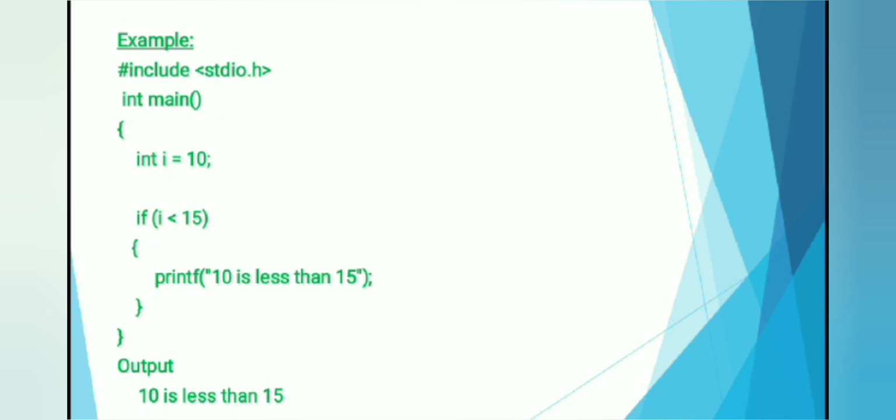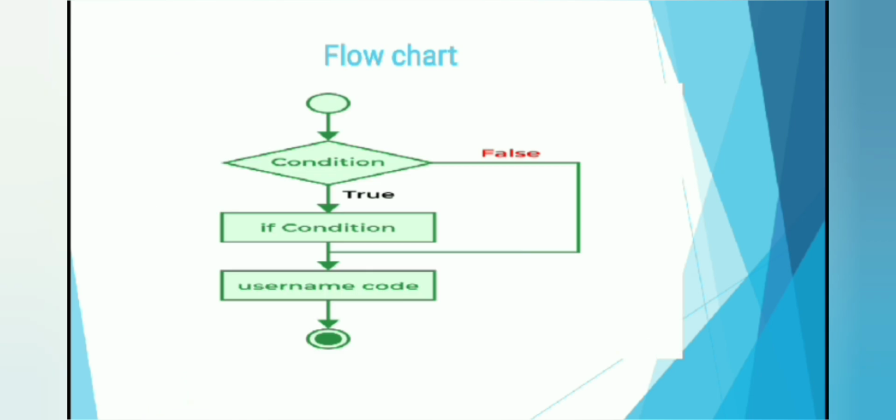What will be the output? 10 is less than 15 will be displayed, because the if condition is true. If you give some other value in i and the condition is false, the control comes out from the if condition. So here the condition is true, so it will print 10 is less than 15 as output. This is an example for the if statement.